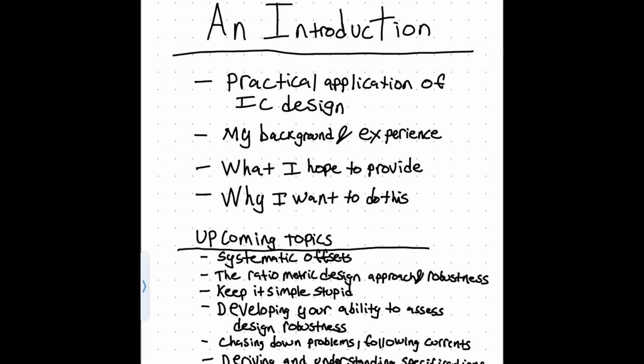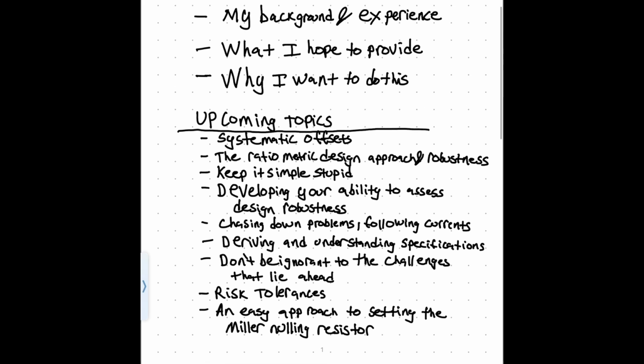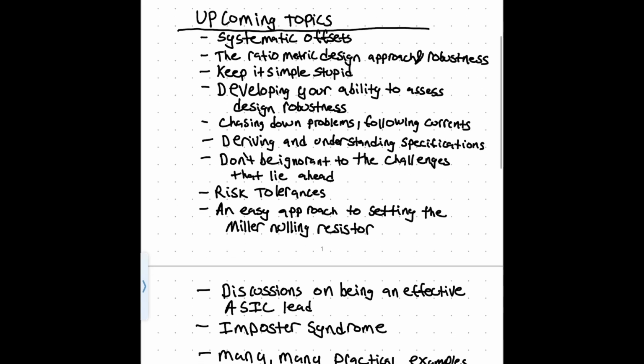Some of the topics that I'd like to discuss in the upcoming videos are centered again around practical things, such as systematic offsets, and creating very robust designs. This is something that can be done with a ratiometric design approach. Then I'd like to talk about designing simply.